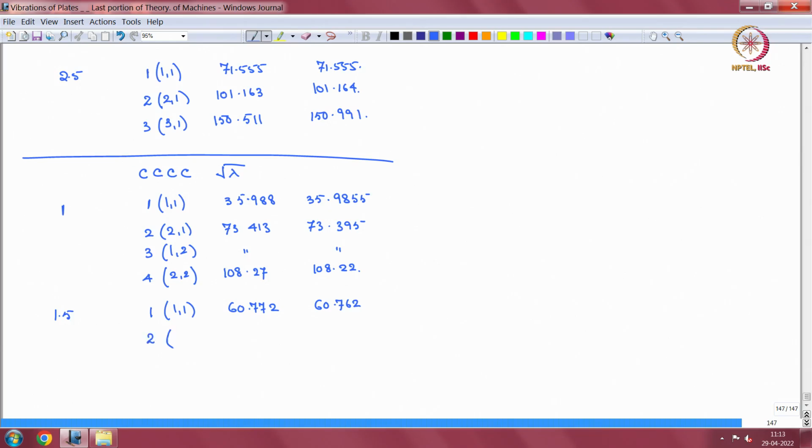Then the second mode, 2,1, is 93.86 and 93.835. The third mode, 1,2, is 148.82 and 148.78, and the fourth mode, 3,1, is 149.74 and 149.85.